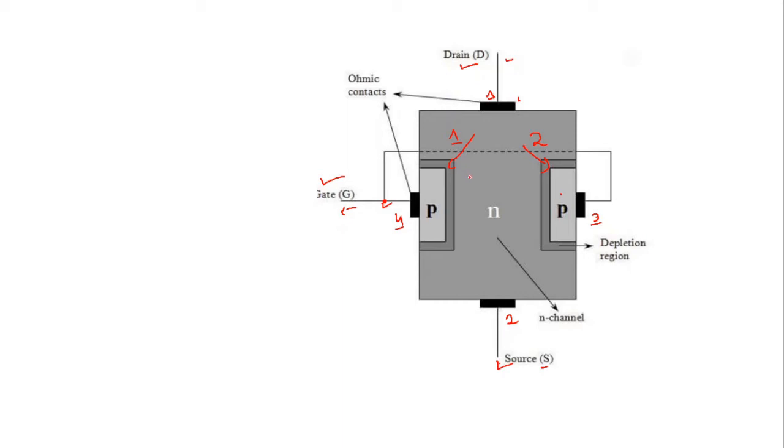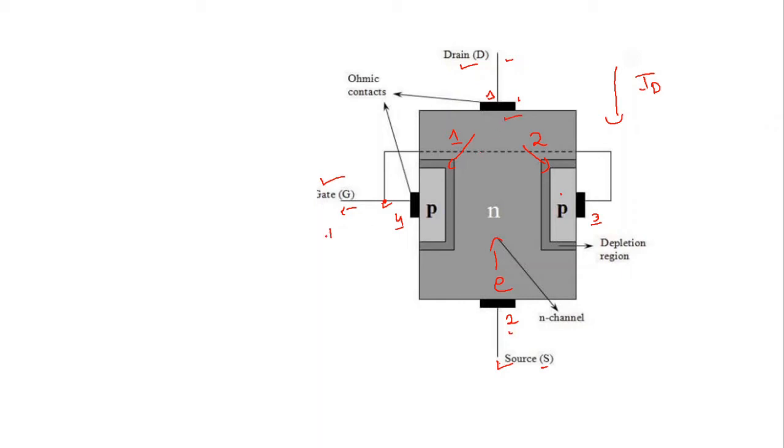Now, two other important points about the working of the JFET. We will discuss the working of the JFET in the coming video in great detail, but you need to remember two important points. The conventional current ID is from this direction. This is our conventional current, where the electronic current will be from this direction. So the electrons are going to move from source to the drain terminal.